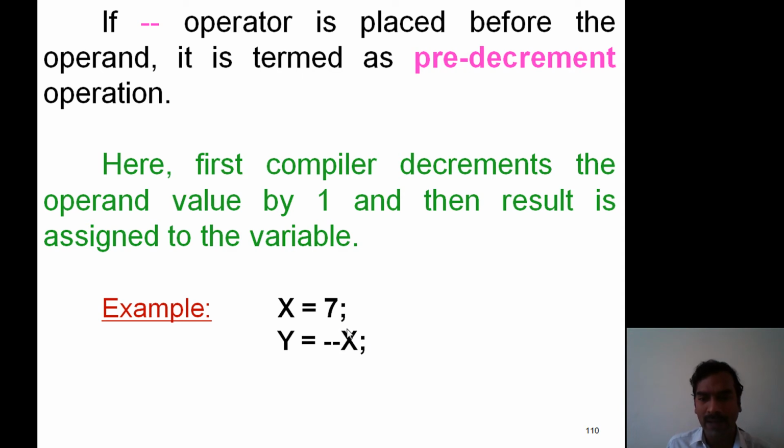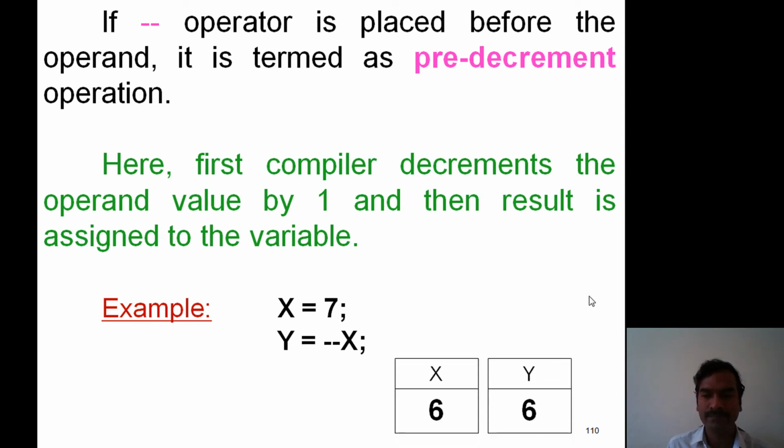Hence x = x - 1 is executed. Now x = 7 - 1, 6. Now x reaches 6 and then the result is assigned to the variable, hence 6 is assigned to y. Now x value is 6 and y value also 6. Now these are x and y values. X value 6, y value also 6.